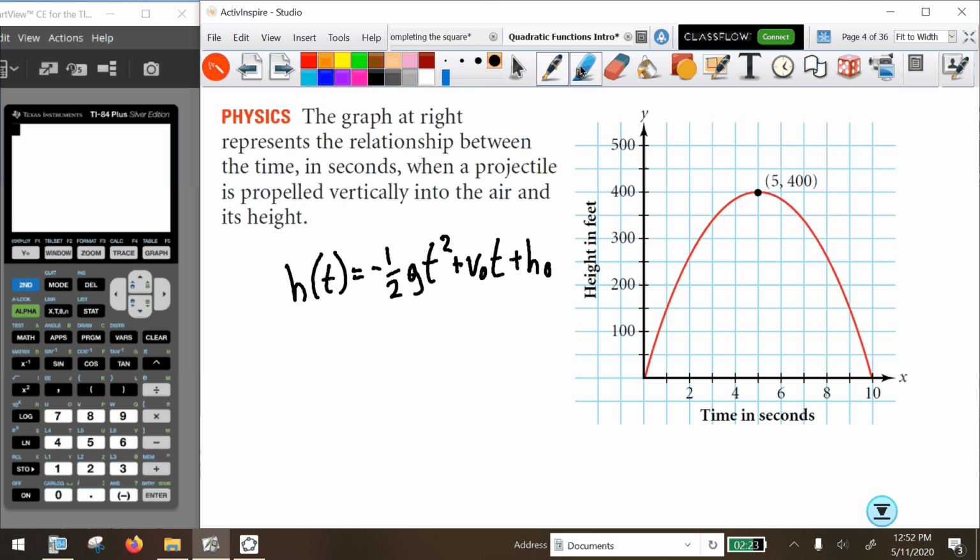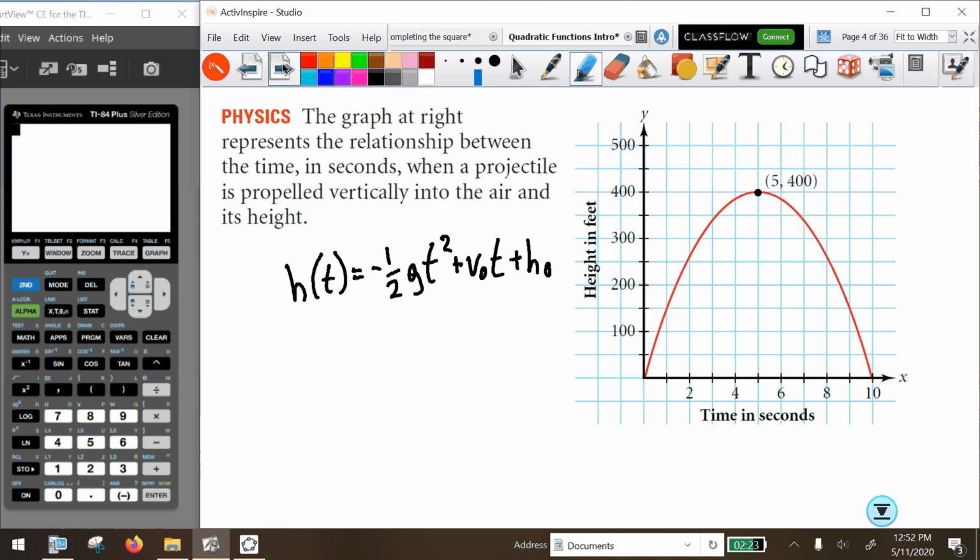And what we have right here is a quadratic equation. If you think of t as being our x, we have x squared plus something x plus some constant, and this is a quadratic equation. So the reason we learn about this is because a very real life thing is modeled by a quadratic, and that's the motion of objects falling to Earth due to gravity.